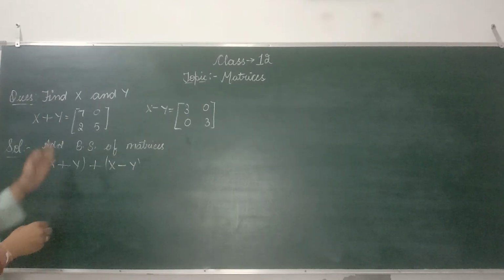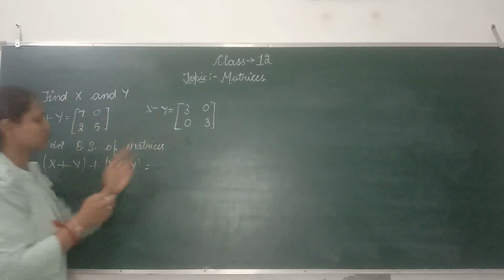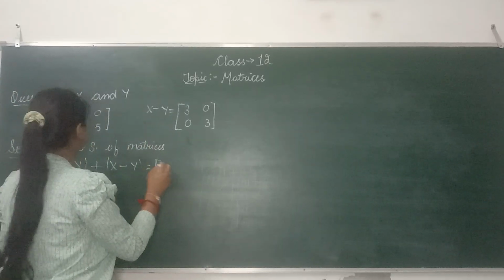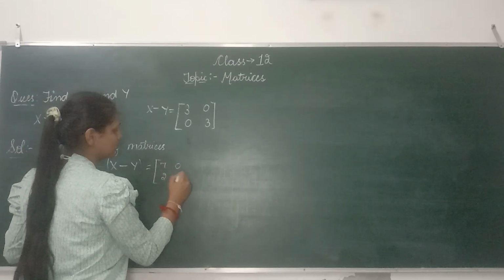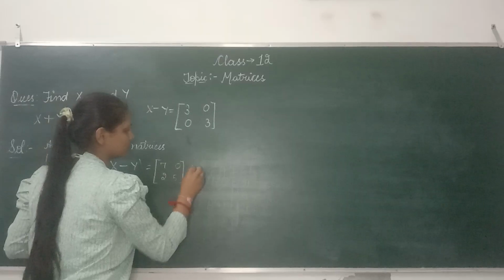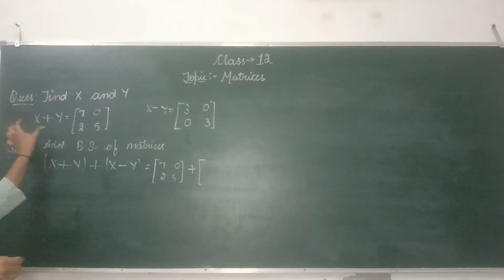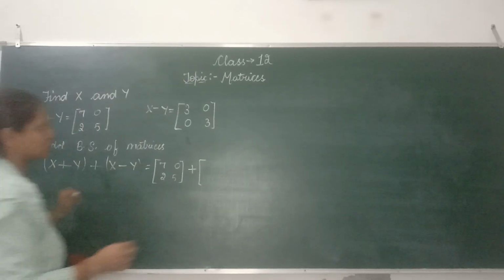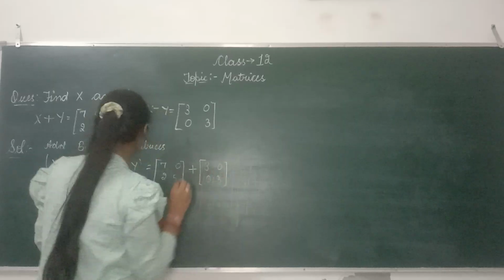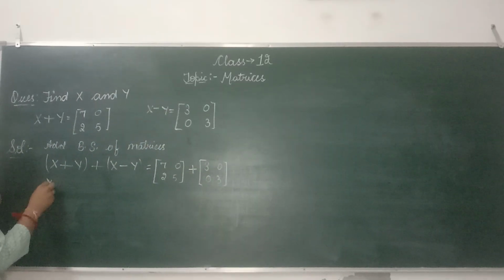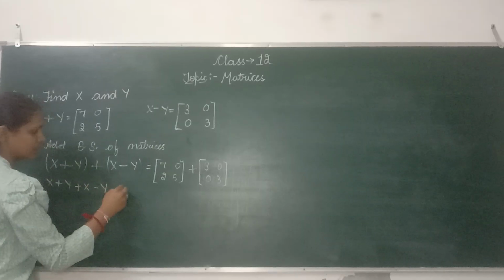Okay, this is the left hand side of both equations, both matrices, and this is 7, 0, 2 and 5. We have to add this matrix to this matrix, and left hand side of both relations should also be added. 3, 0, 0, 3. This will become x plus y plus x minus y.